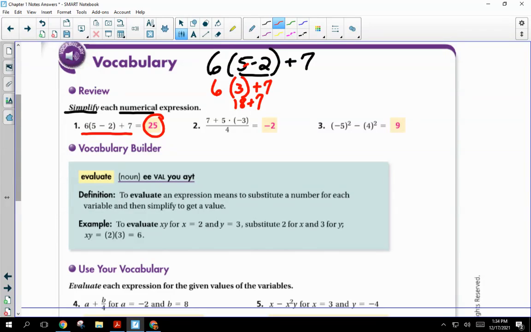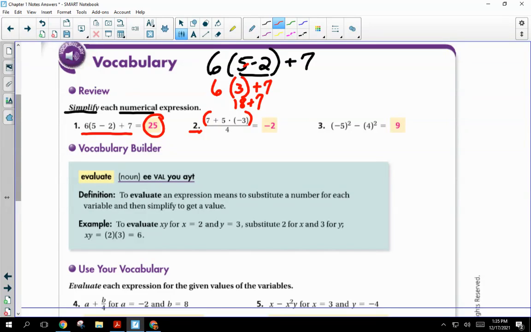Number two is one that's difficult to use a calculator for because there's a huge division sign under all these numbers. So you want to do what's on top first. When you have a huge division like this, you can imagine there are parentheses around everything on top and do what's up there first. Or if it's all on the bottom, do what's on the bottom first and then divide.